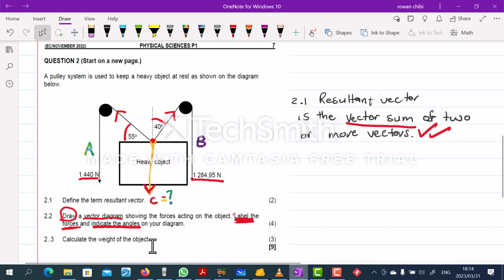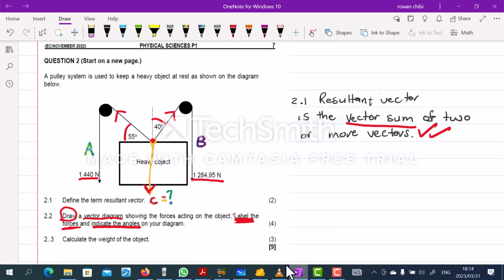Calculate the weight of the object. Now, if we knew the mass of that object, it was going to be easy to find the weight.